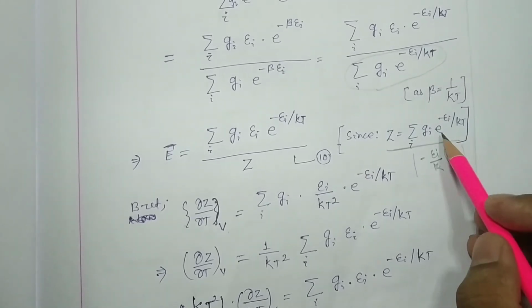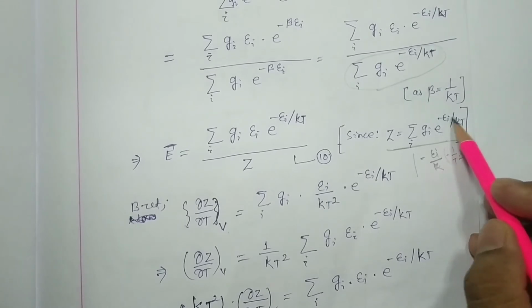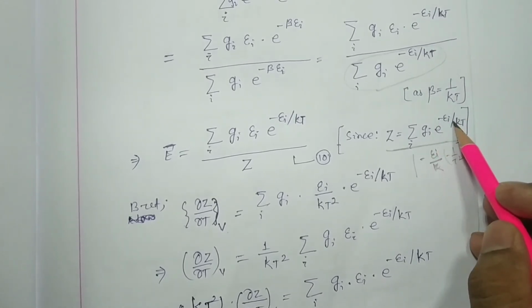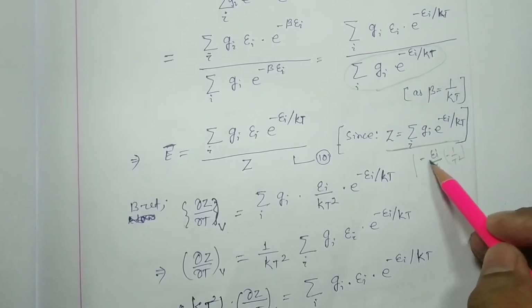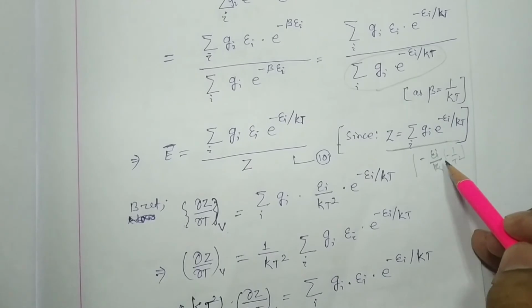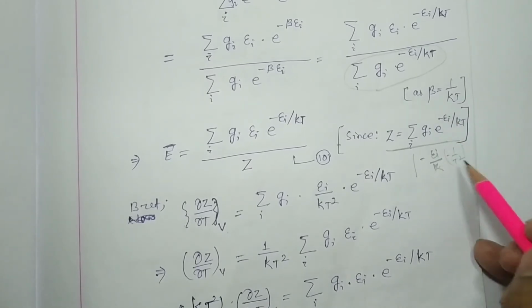So e to the power minus epsilon i by kT, derivative with respect to T, will be minus epsilon i by k into the derivative of 1 by T, which is minus 1 by T square.